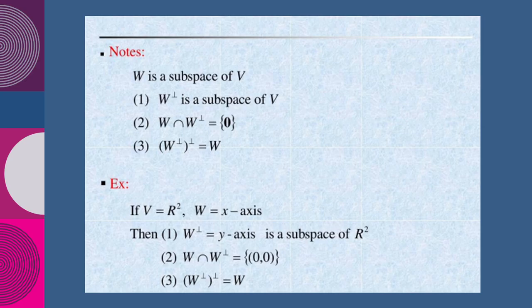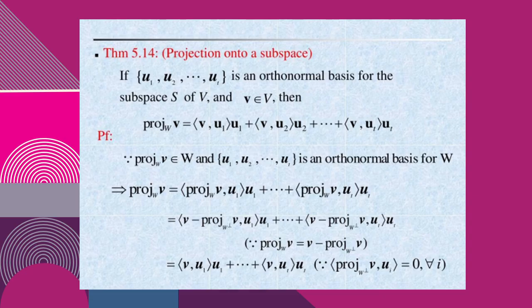Third, if you take the orthogonal complement of the orthogonal complement, you end up back at the original W. As an example, if V is R2 and W is the x-axis, then W perp is the y-axis. These two only meet at the origin, (0, 0), and taking the perp of the perp brings us right back to the x-axis.